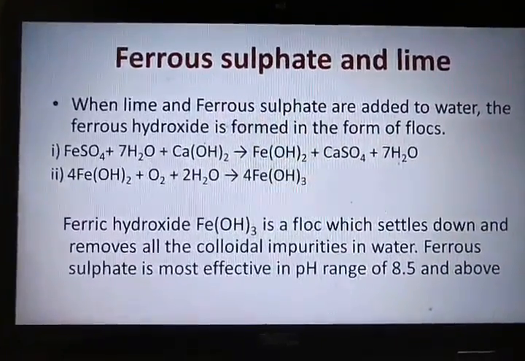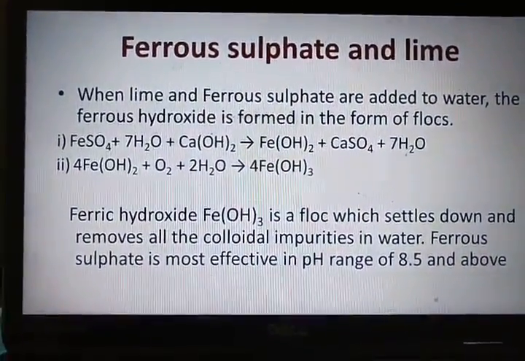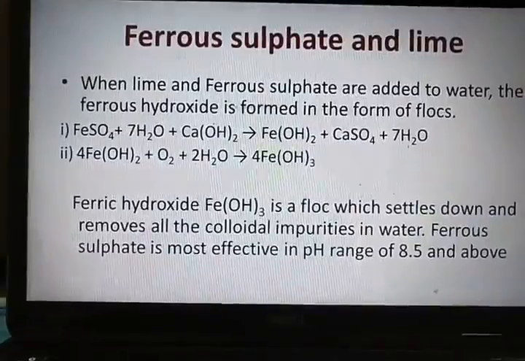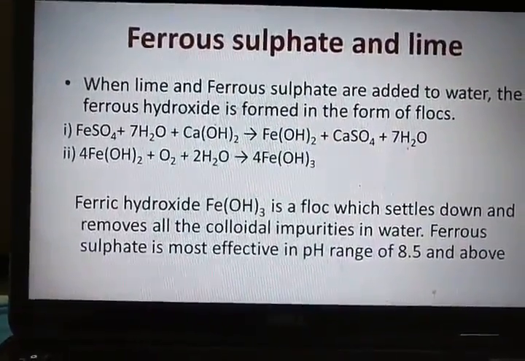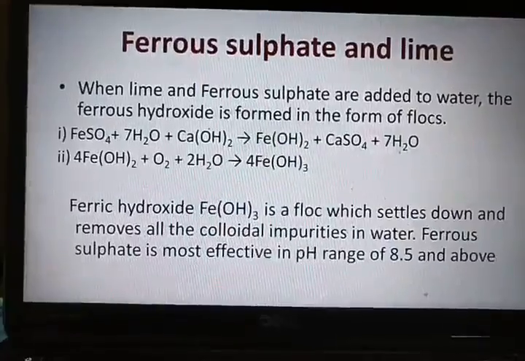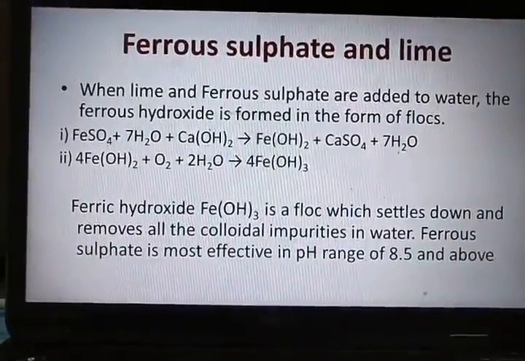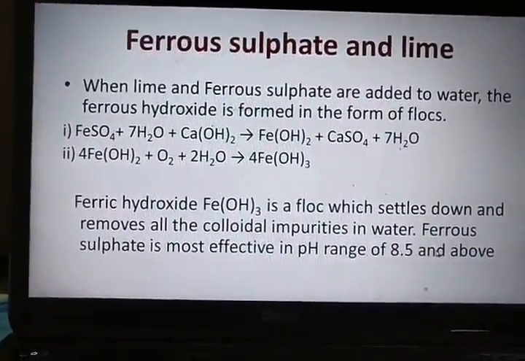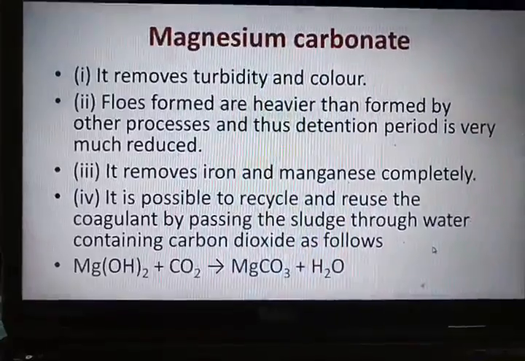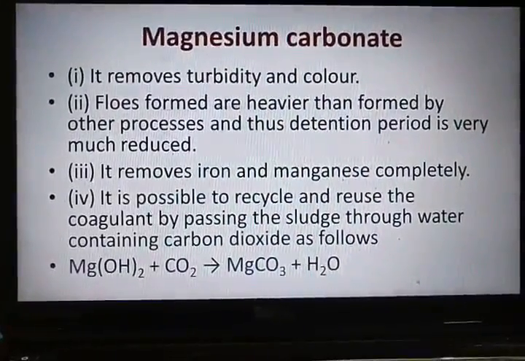Ferric hydroxide is a floc which settles down and removes all the colloidal impurities in the water. This is effective in a pH range of 8.5 and above. That means it operates at a much broader pH range.